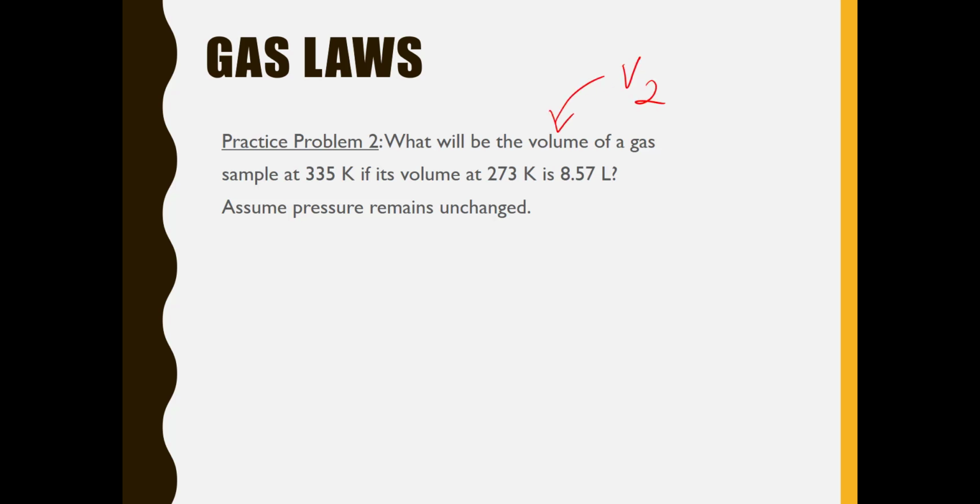We know our initial V1, which is 8.57, and we know that our T1 is 273 K. So looking at this, we have V1 over T1 equals V2 over T2 because pressure is being held constant.